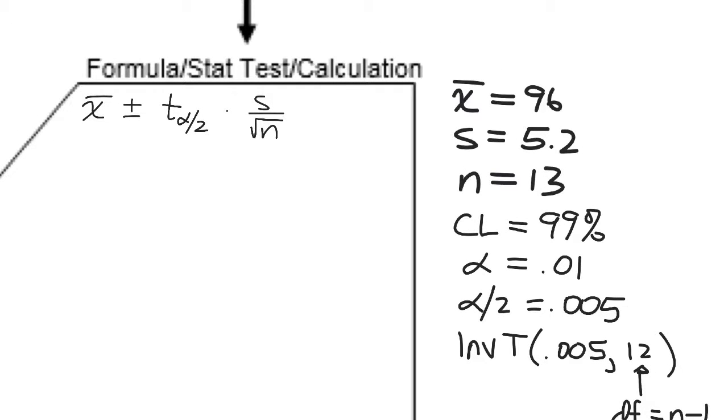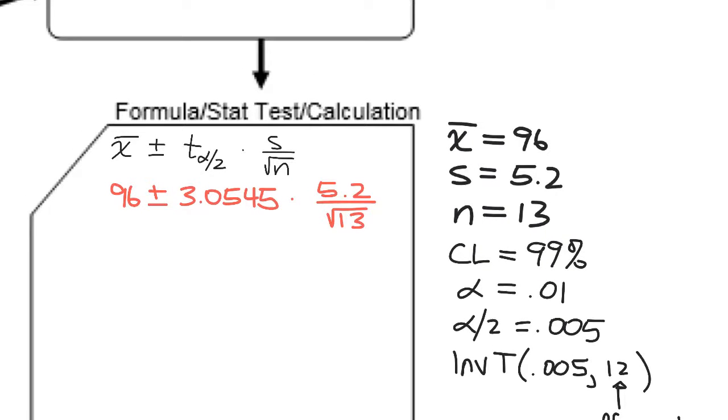So X bar 96 plus or minus about 3.0545 times S, which is 5.2, over the square root of 13. Now, in the last video, I showed the separate calculations, or at least in my mind I did. I did it on my calculator.